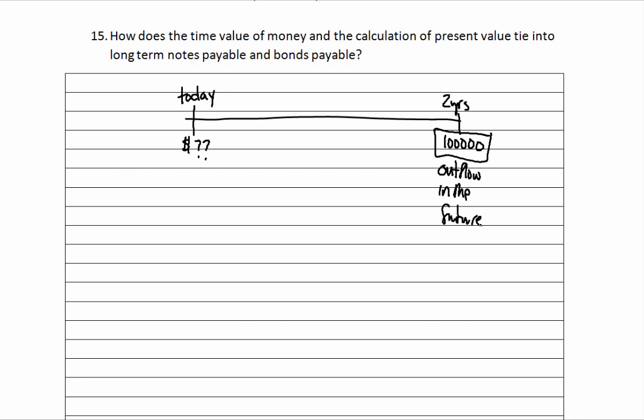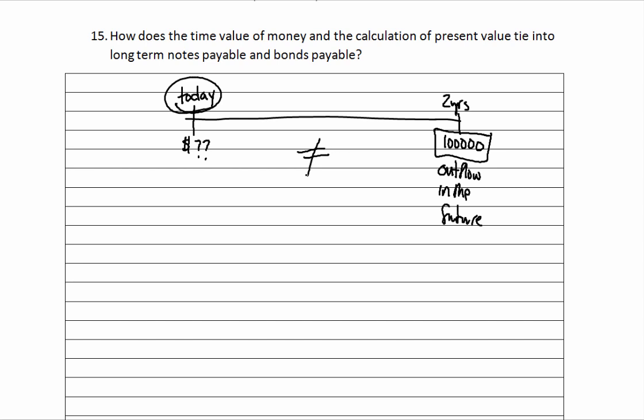This has to be reflected on our financial statements because our liabilities must be equal to the amount owed in today's dollars. So this is why we have to use present value to value our non-current liabilities, because our non-current liabilities recorded in today's financial statements may not equal the $100,000 that I'm actually going to fork out in the future. And how is this determined?